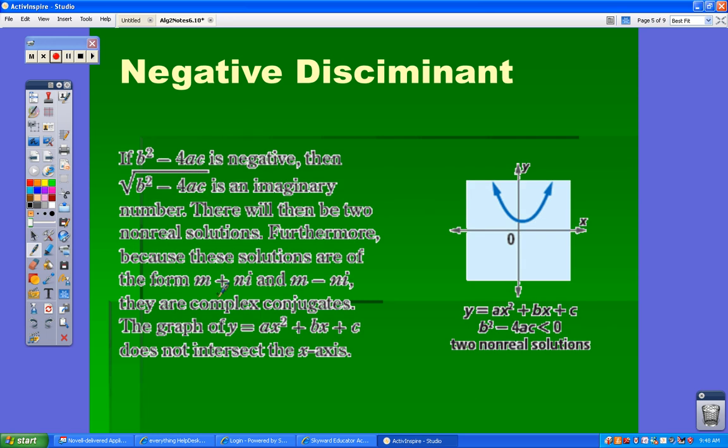The last thing that could happen is that b squared minus 4ac could be negative. When I take the square root of a negative number, we've been talking about this a lot, I am going to get an imaginary number. But negative b over 2a is going to be a real number, so we end up with a complex number: negative b over 2a plus some imaginary part, and negative b over 2a minus some imaginary part.